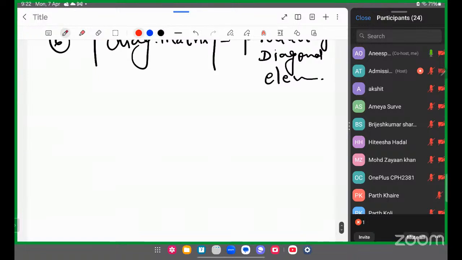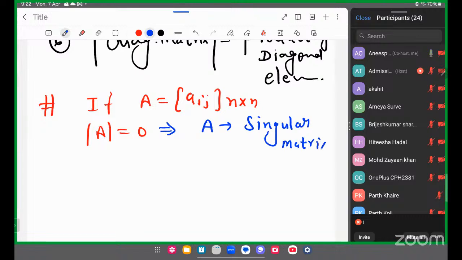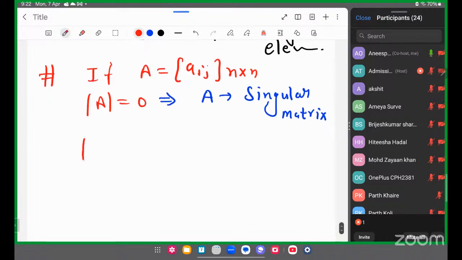Next point is a very important point. If we have a matrix A, Aij of order n into n, and its determinant is 0, in that case, matrix A is known as a singular matrix, and if its determinant A is not 0, in that case, matrix A is known as a non-singular matrix.